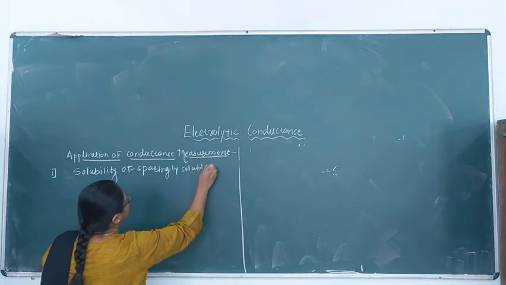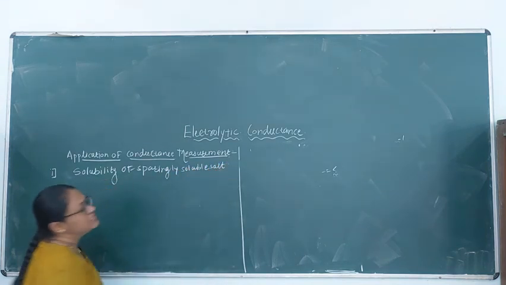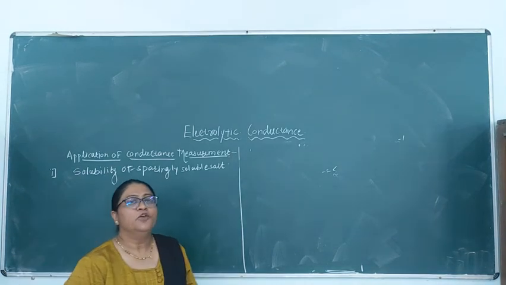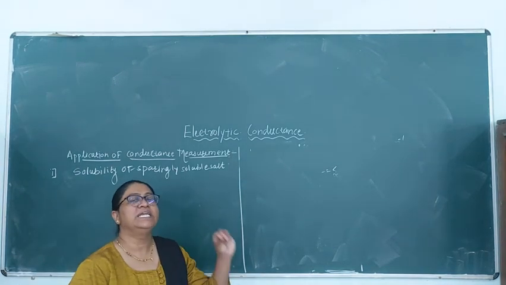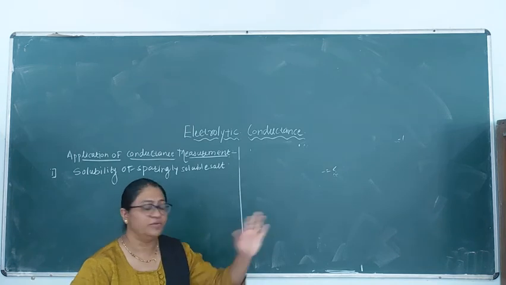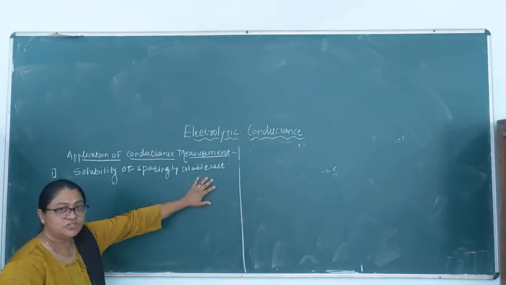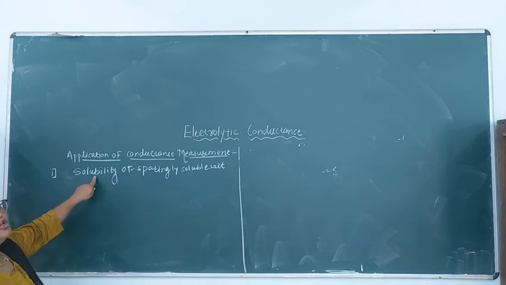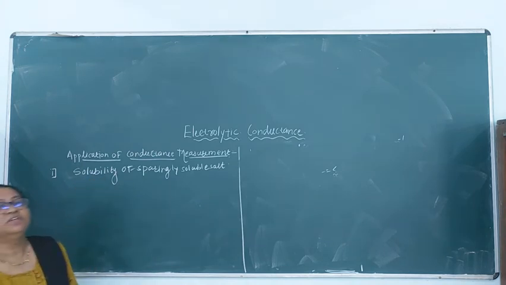Now, what is a sparingly soluble salt? The sparingly soluble salt is one which has very little solubility in water. Those are called sparingly soluble salts. For a sparingly soluble salt, we can find out the solubility from the conductivity measurements.